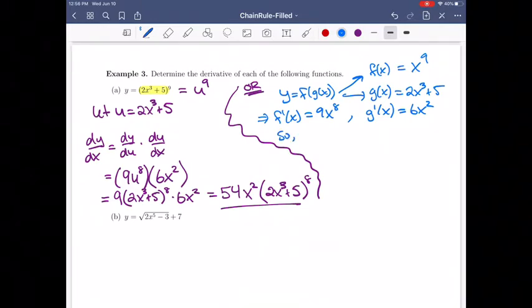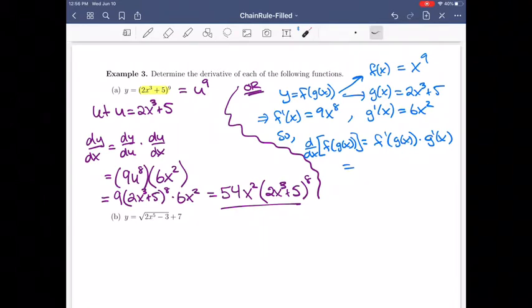So the derivative of f of g of x is f prime evaluated at g times g prime of x. So that means I want to take this equation here, but everywhere that I see x, I actually want to put in g of x. So this is going to be 9 times (2x cubed plus 5) to the power 8.